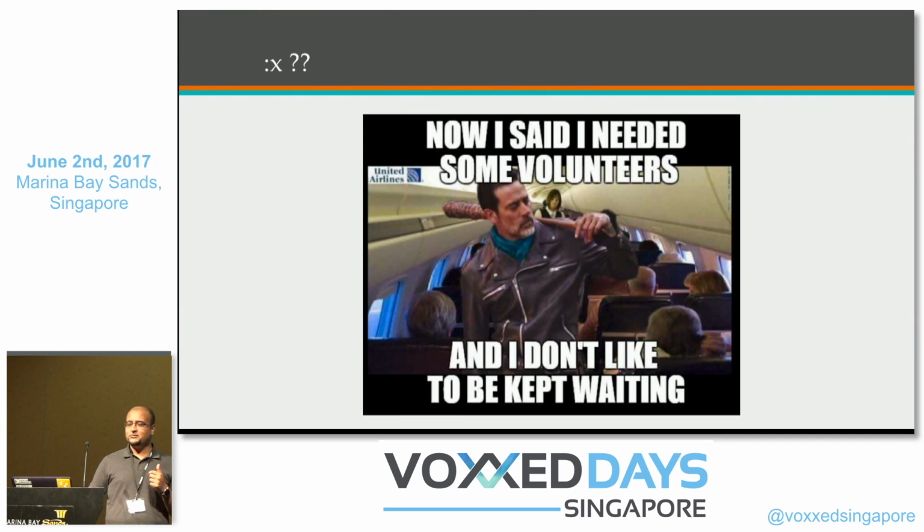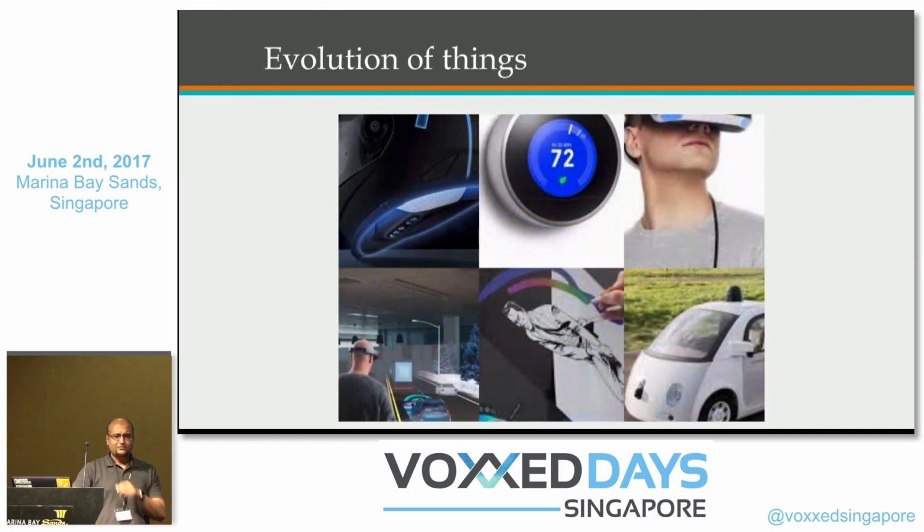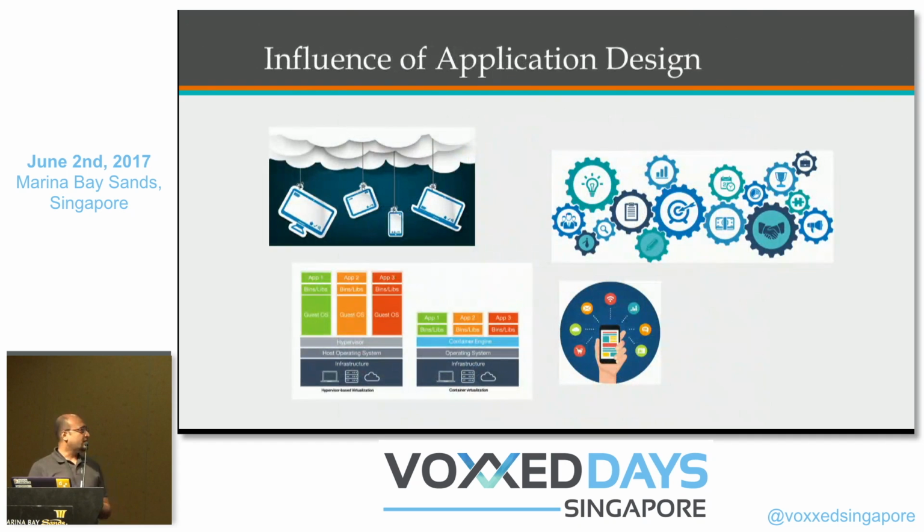Probably we have actually made a wrong turn, so this is not a good example. Let's ignore that. It's not about the buildings and the vehicles. Everything is evolving. This is also translating in the way we design applications and systems.